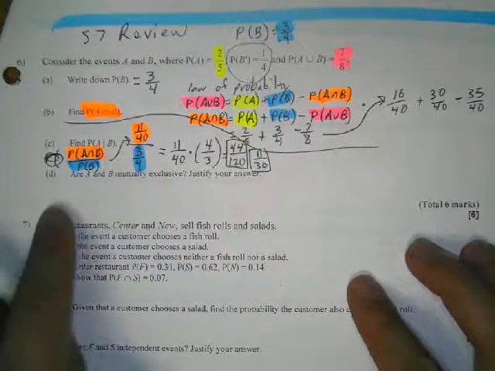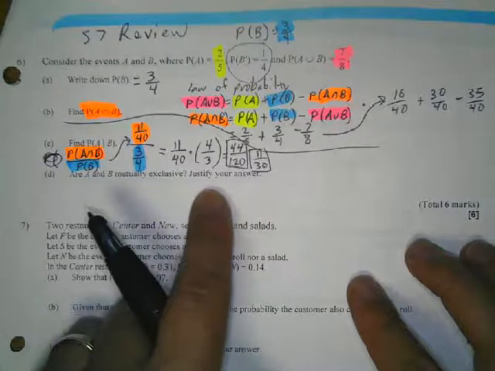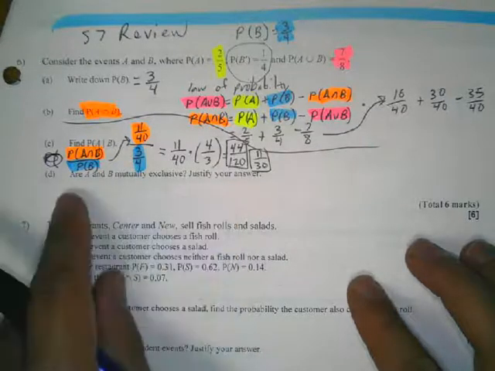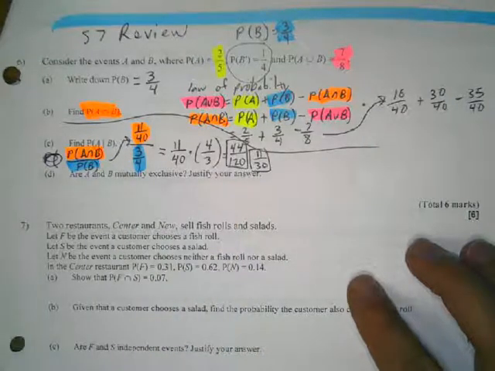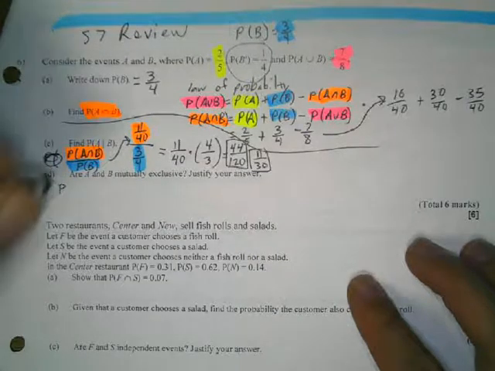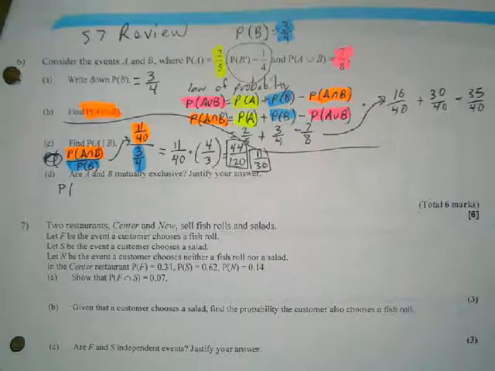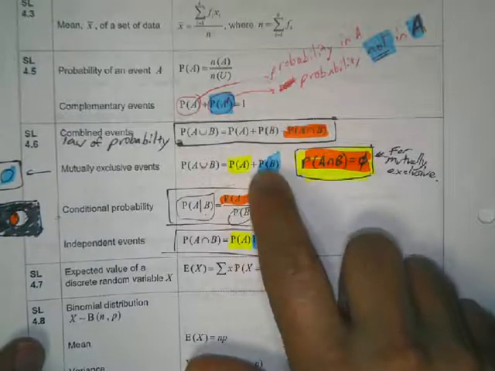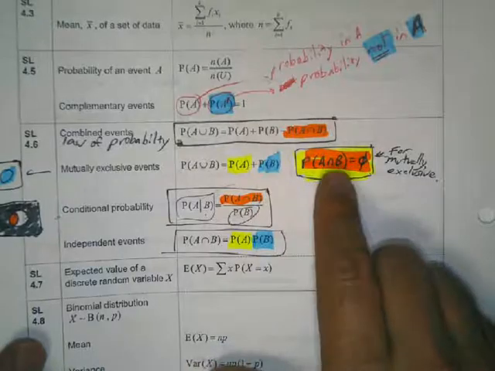Okay, are A and B mutually exclusive? Justify your answer. Okay, so you can immediately say, if it's mutually exclusive, then, let's look at our formula sheet. There's two things. Either the union is probability of A plus probability of B, or the intersection is 0.